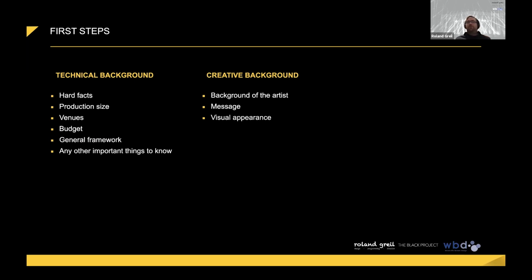It's visual, and what we are doing is visual design at the end of the day. And if the picture frame around the artist on stage fits the clothes of the artist on the stage, it will look better, and it will be more cohesive at the end of the day. So it's quite important to get to know what their visual appearance is, or has been in the past.